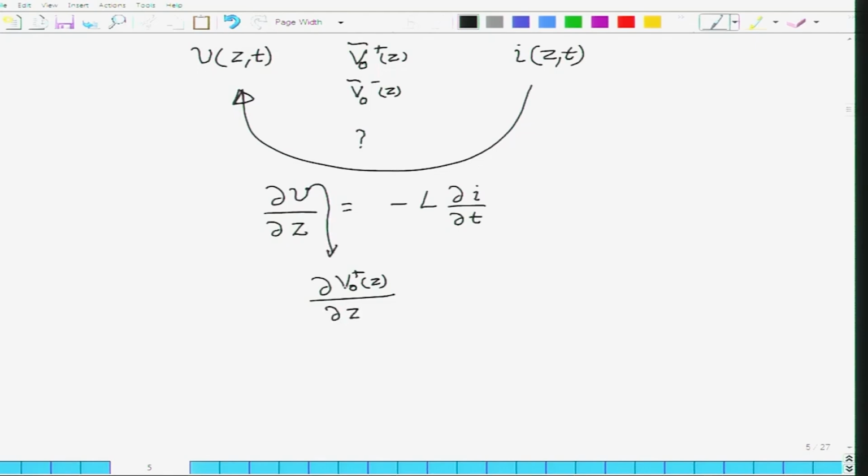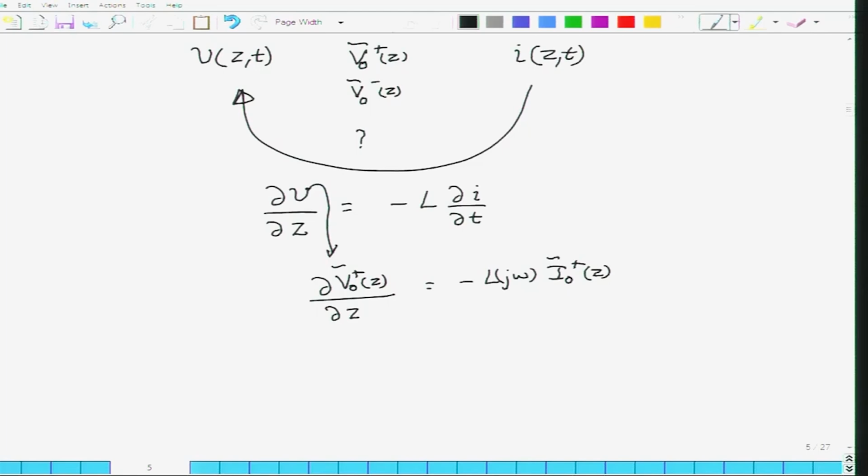That change with respect to z will be given by del V0 plus of z by del z. This is the partial derivative of the phasor with respect to z. This would be equal to minus L into j omega, and the current phasor, let us call this I0 plus of z. Okay. I need to denote my phasors by this bar that I am putting.